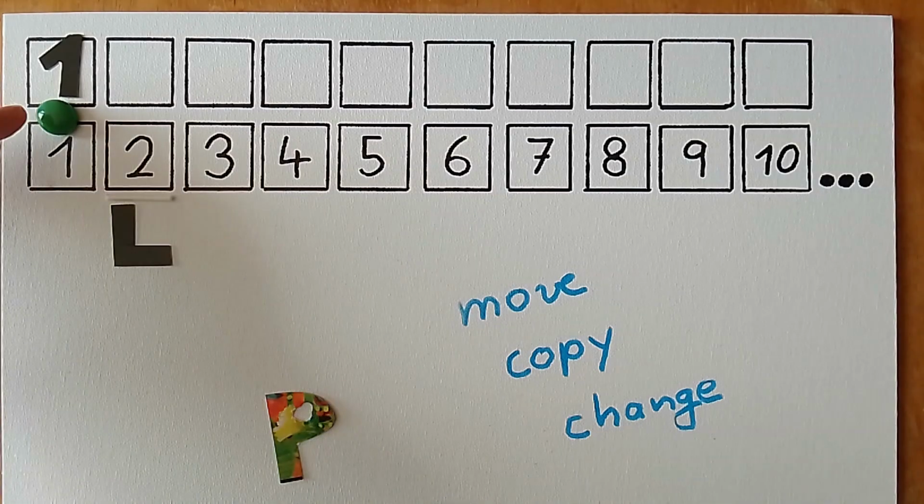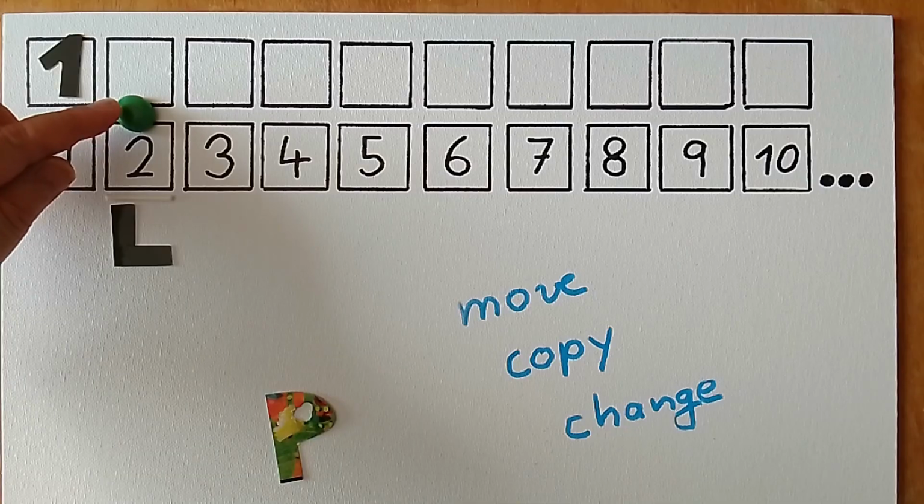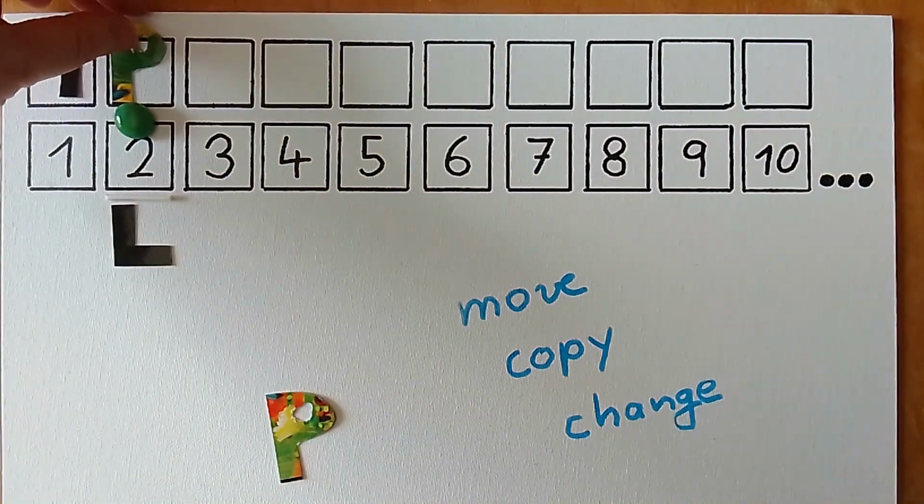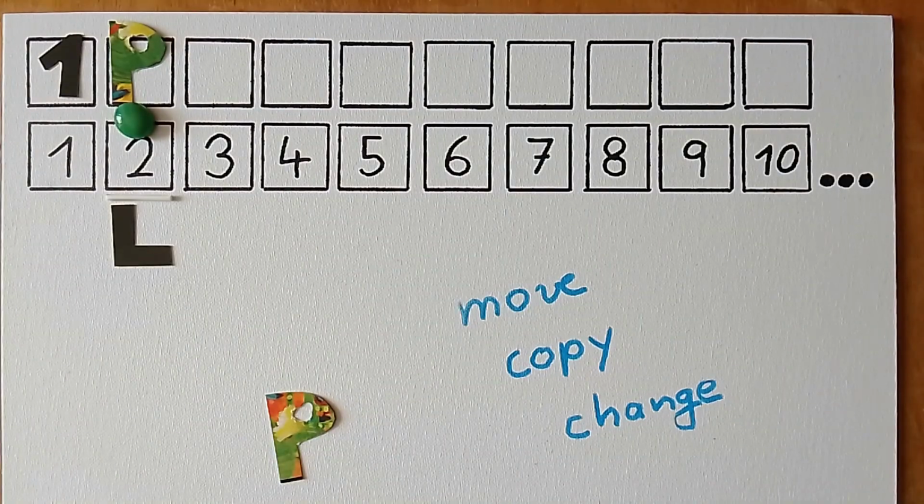Now I put my game piece on 2. And I look which symbol I find. I find an L. And L means prime. So 2 is a prime number. Now, fractal process move.